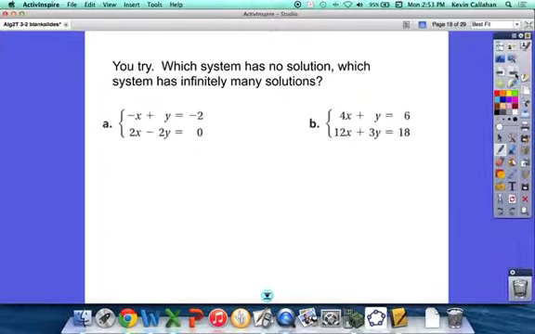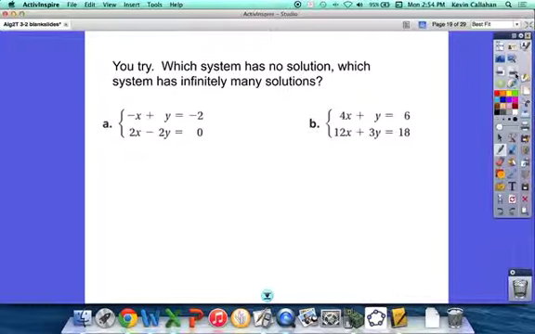Okay. So these two, one of them is no solution. One of them is infinitely many solutions. Which one is which? No, you probably could see just by looking at it, right?